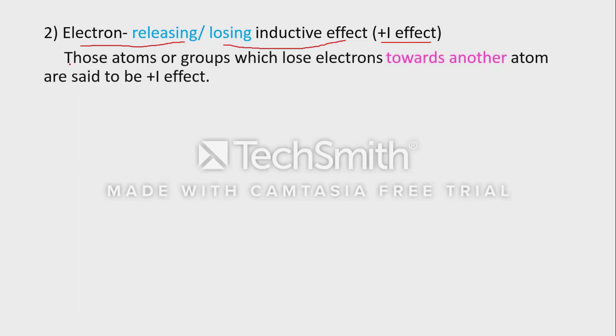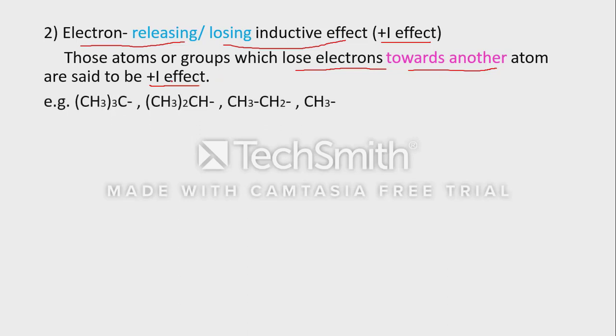The definition of the electron releasing effect: those atoms or groups which donate electrons towards another atom are said to show a positive I effect, or electron releasing or electron donating effect.